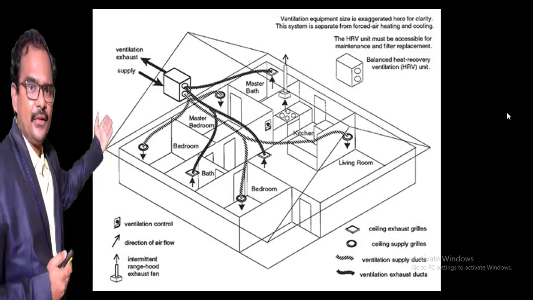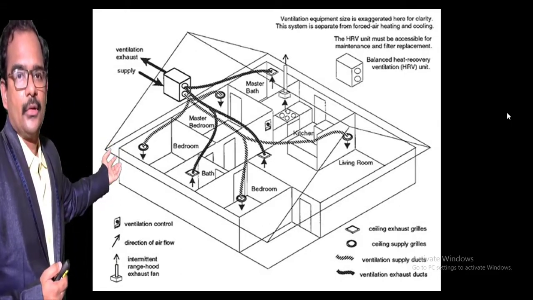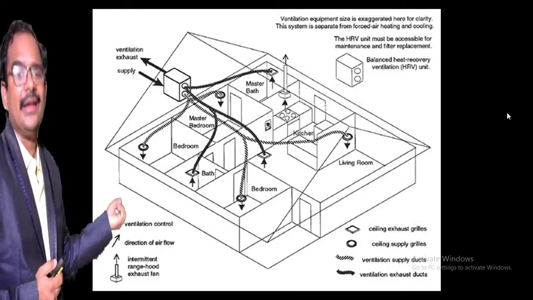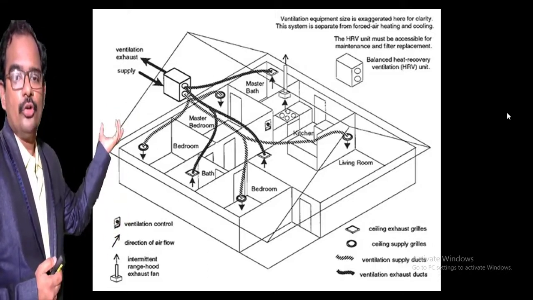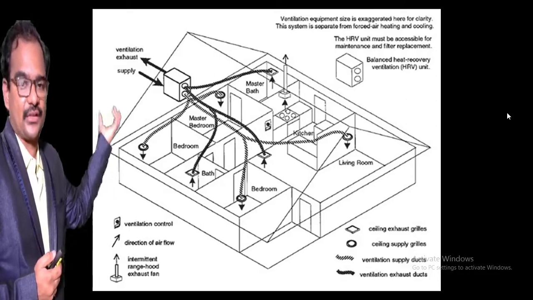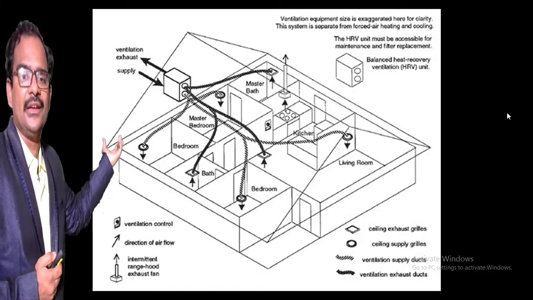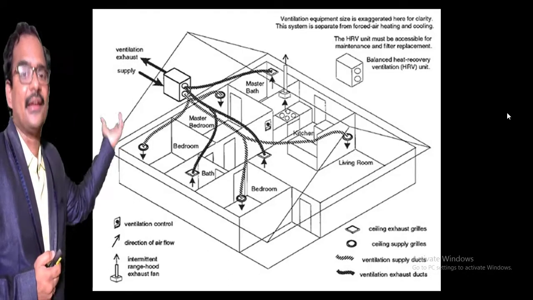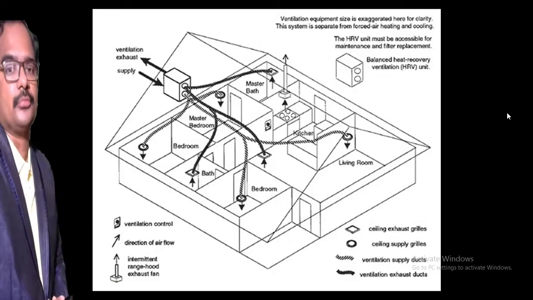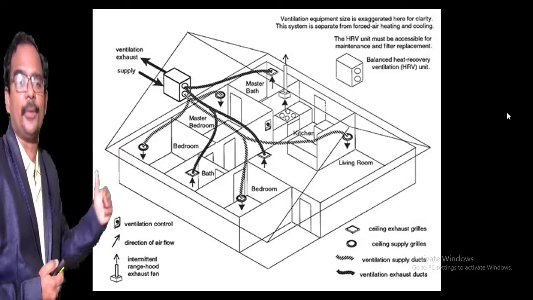Now you can see it here clearly. From all the bathrooms you can remove the air through the solid black colored ventilation exhaust ducts. There you can see the circle shaped openings, which indicate the ceiling supply grills, and the hot air leaves the room while the cold air enters the room through the hashed ducts.